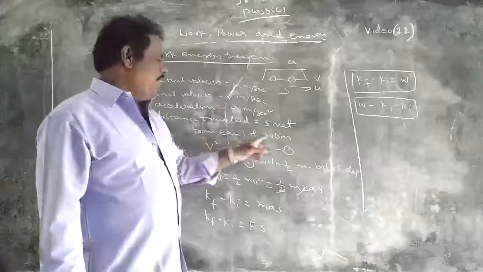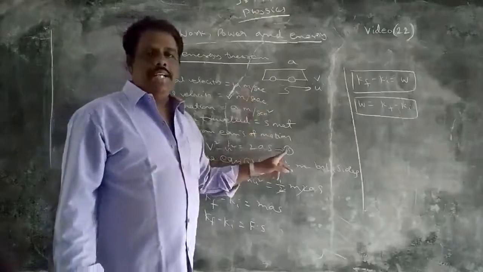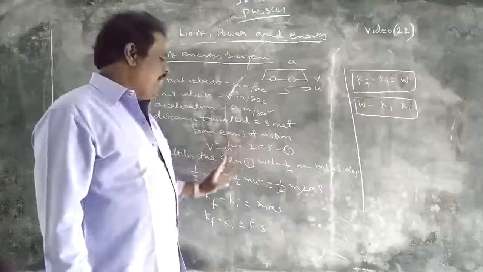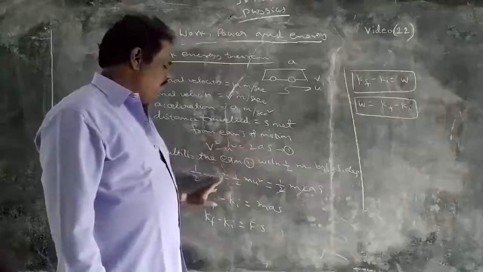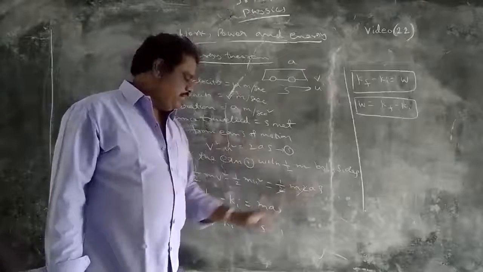From equations of motion, v square minus u square is equal to 2as. That is equation number 1. Multiply both sides with half m, then it becomes half m v square minus half m u square is equal to m a s. The 2 is cancelled.